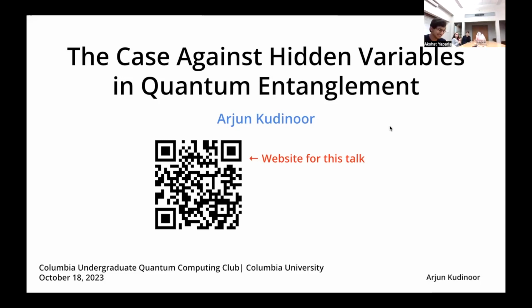Regardless, we will talk about quantum computing and one of the most fundamental parts of it, entanglement. In particular, we're going to look at what are called Bell's inequalities. We're going to focus on one in particular, the CHSH inequality, and show why a hidden variable theory of quantum mechanics cannot be true if you look at Bell's argument.